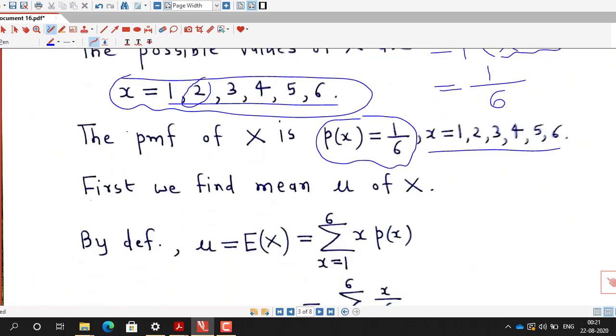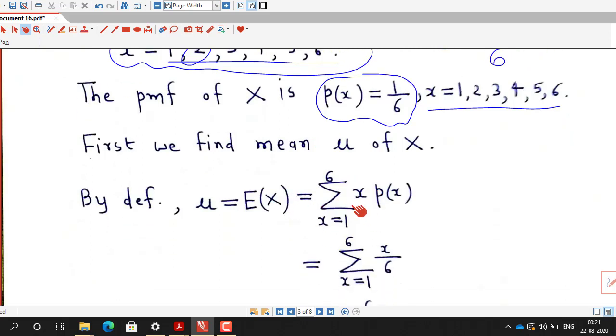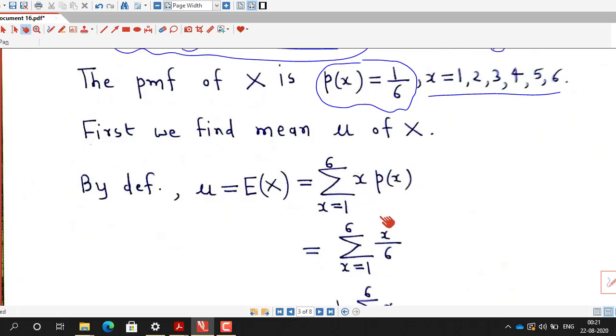By definition, mu equal to expected value of x, that is sigma x into p of x, and the range of random variable x is 1 to 6. So we write x equal to 1 to 6. Now p of x is 1 by 6 for each value of x, so we can put p of x equal to 1 by 6.